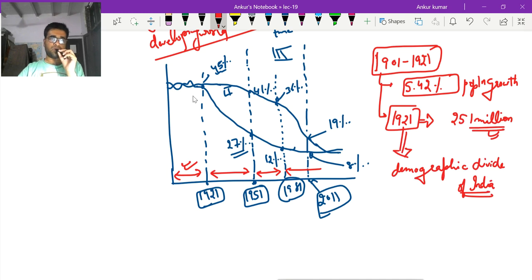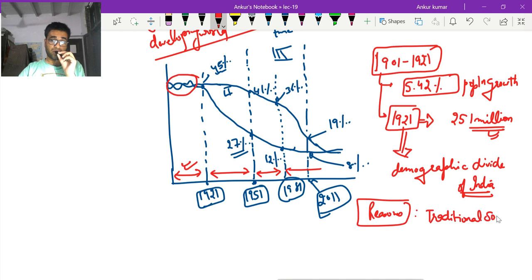Basically, you need to understand why in this stage the fertility rate and the mortality rate were very high. The reasons were very simple: India was a very traditional society. Mortality rates were very high.